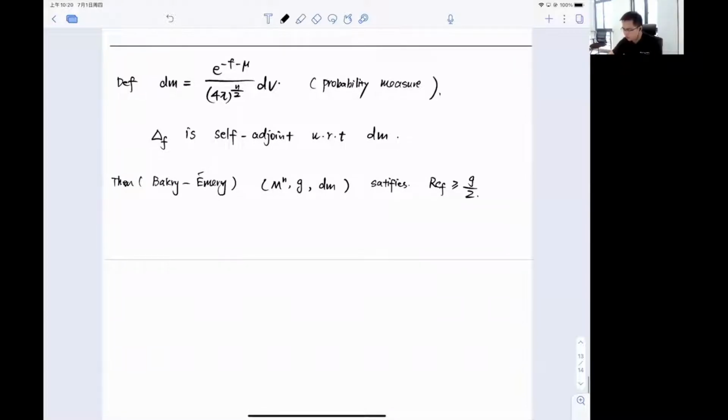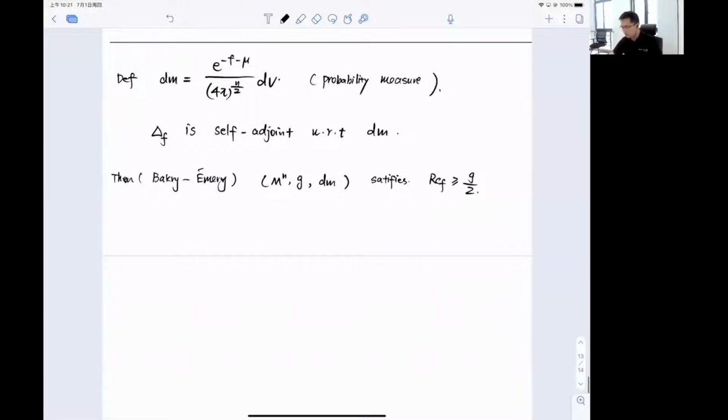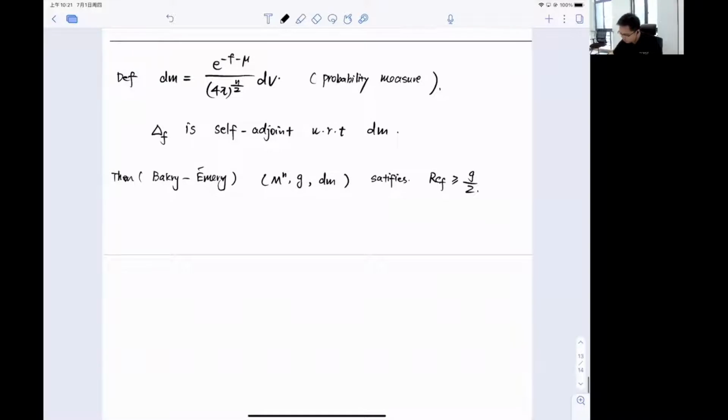Actually, in our case this is equal to g over 2, but here I use a slightly weaker condition, that is, Ricci f is greater or equal to g over 2.